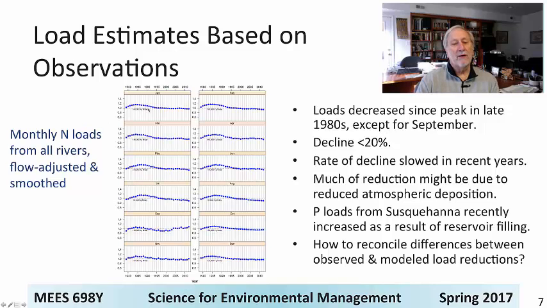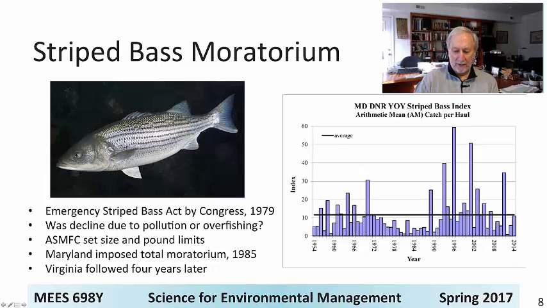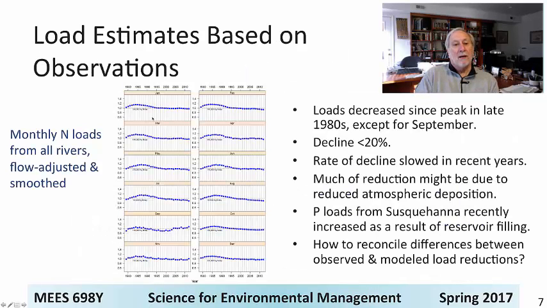And you can see here a recent USGS analysis month by month, in which the trend is estimated by a process that adjusts for the flow and also is a smoothing process to give us a smoother representation of the trends.